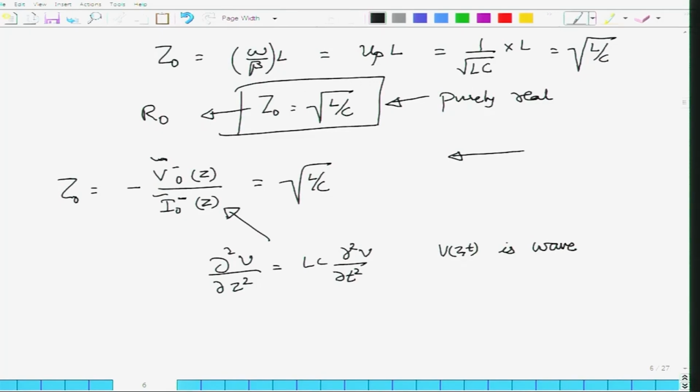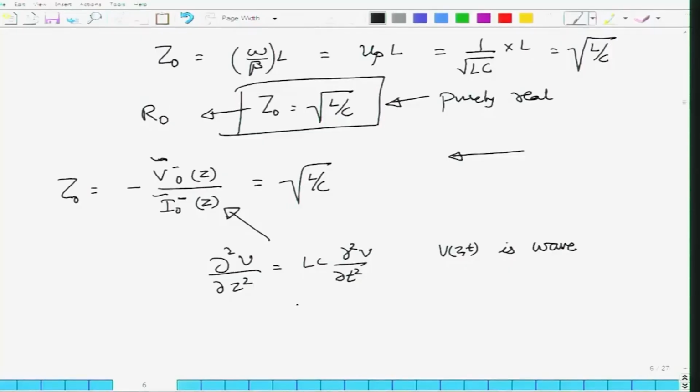Mathematically there is no reason why you cannot have both plus and minus direction, but physically there will be one direction that is preferred, or both depending on the situation that we consider later on. Okay. The solution of this can also be written in terms of the phasor, and all solutions of the form G of Z minus or plus T by square root LC are admitted as a solution of this wave equation.